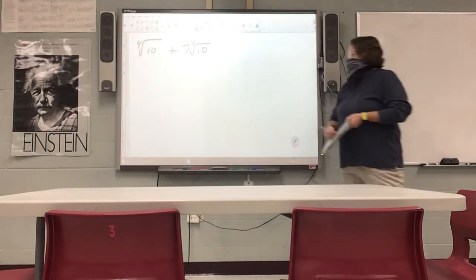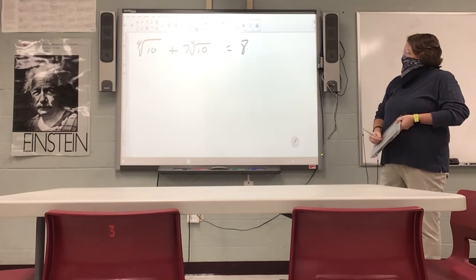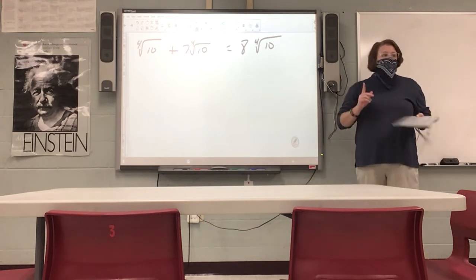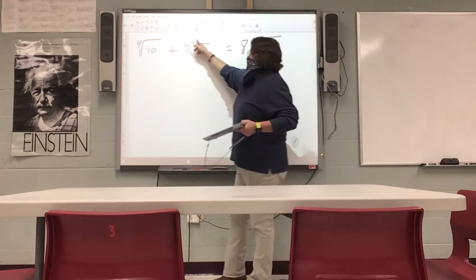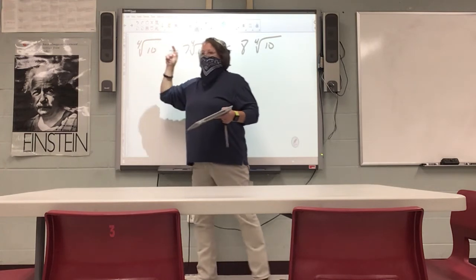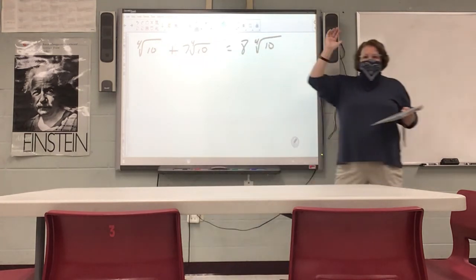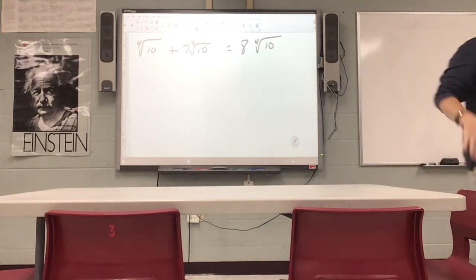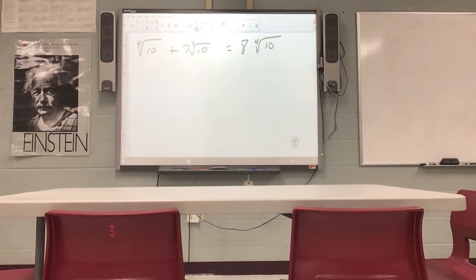So 1 of those and 7 of those gives me 8 of those. And that's it. That's your answer. Now, we got to do that because 4th root of 10, 4th root of 10 exactly the same. So that's like 1 apple and 7 apples gave you 8 apples. So easy stuff on that. That's what looks difficult, but it's really nothing but a thing.